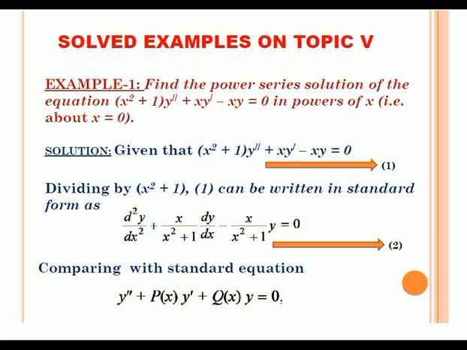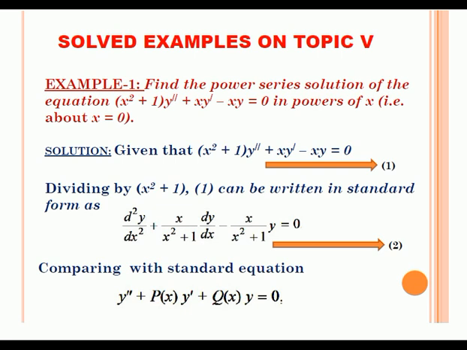Before going to this, I'll say it again: what we need to do here. The given differential equation, write in the standard form. After writing the standard form, assume the power series solution. So y is equal to summation, n equal to 0 to infinity, cn into x minus x0 whole power n. That is the solution.